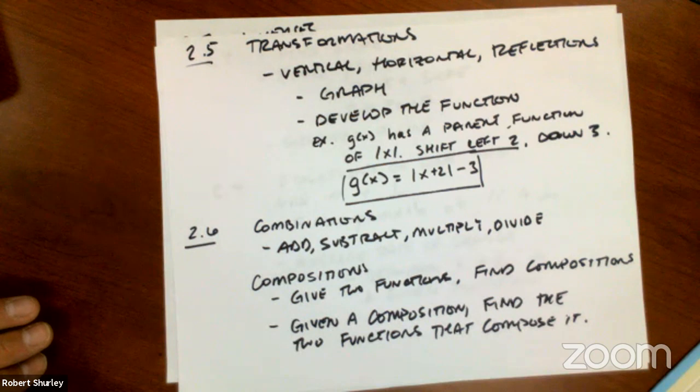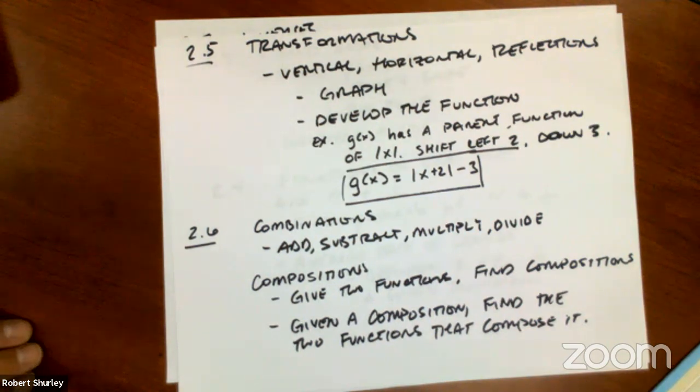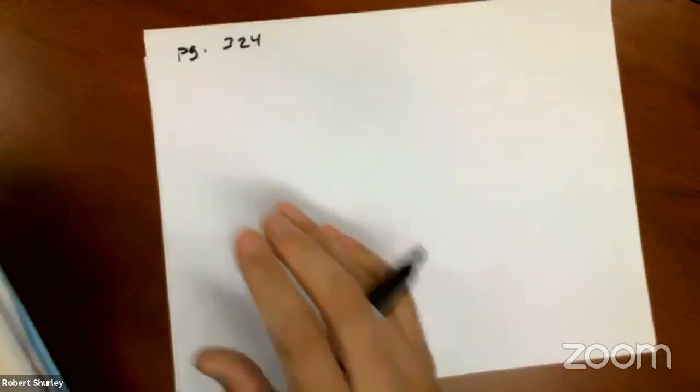This starts on page 324. If you flip over to that page, it'll have all the review. We cut this off in the middle of the chapter, so it starts on the bottom right hand side.